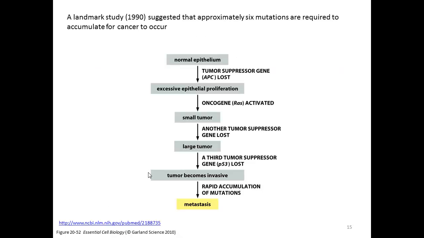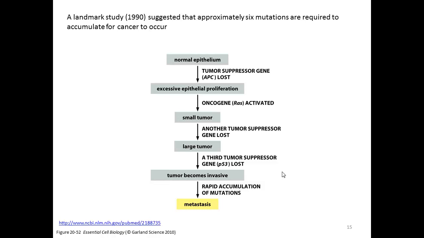Inspired by the Knudson two-hit hypothesis and careful analysis of the histology of colon cancers in very many different stages, along with molecular characterization, Bert Vogelstein and Eric Fearon identified a number of different genes that were mutated at various points in tumor progression.